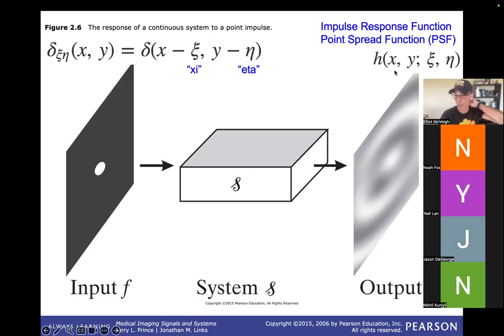It usually gets blurrier and can sometimes distort things on the outside, because it's really hard to make a lens that has a really nice flat image. However, ideally we aren't dependent on x and y, and that's called a shift invariant system, and we'll see that.